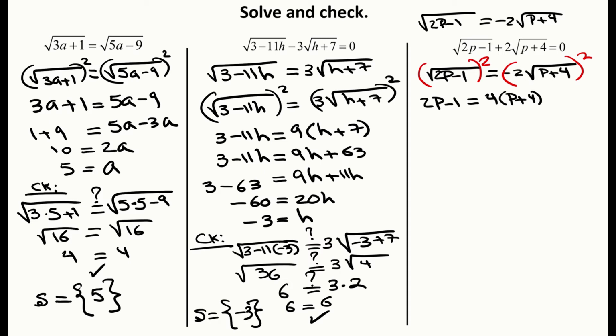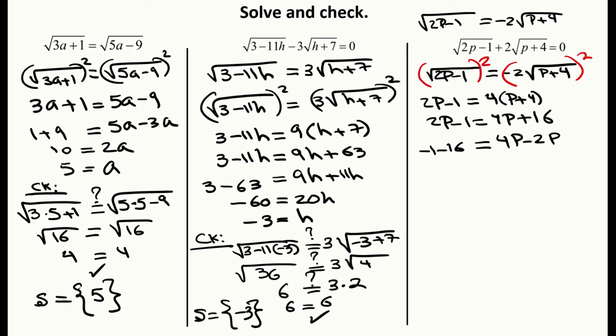So let's keep going. So we have 2p minus 1 equals 4p plus 16. And now we go ahead and move the 2p to the right side, so we get 4p minus 2p. On the left side we have -1 and bring the -16 over.